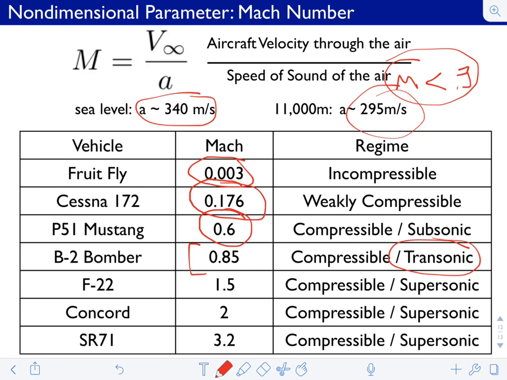But the flight Mach number of the aircraft itself is still subsonic. Then you move to a new regime where the vehicle itself is supersonic. Again, these are all compressible, so you have the idea of compressible subsonic, compressible transonic, compressible supersonic, and we will treat those in 2 separate weeks after spring break, how we deal with these.